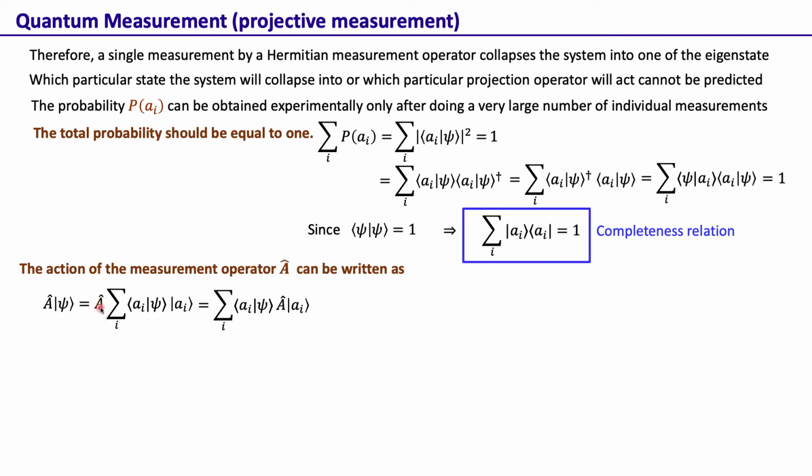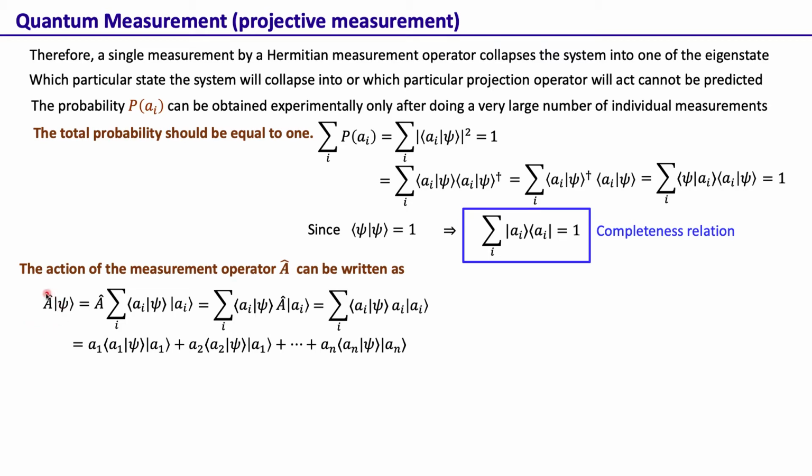So now we can bring this A inside here. This is just a number. So this A acting on ai gives ai, and that's the eigenvalue, and in the expanded form it looks like this. So this is what A operating on psi makes of the state. That's the state after A has acted on it.